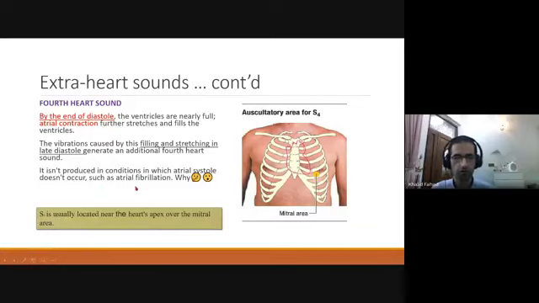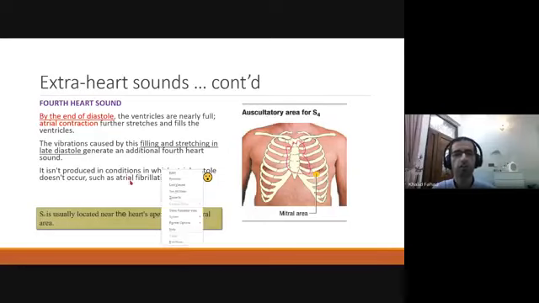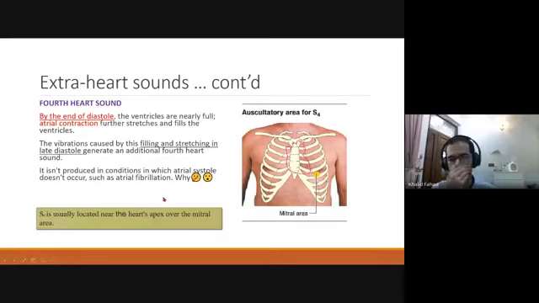Why? Do you know why? In a patient with atrial fibrillation, you will not hear a fourth heart sound. During atrial fibrillation, there is no contraction in the atria.